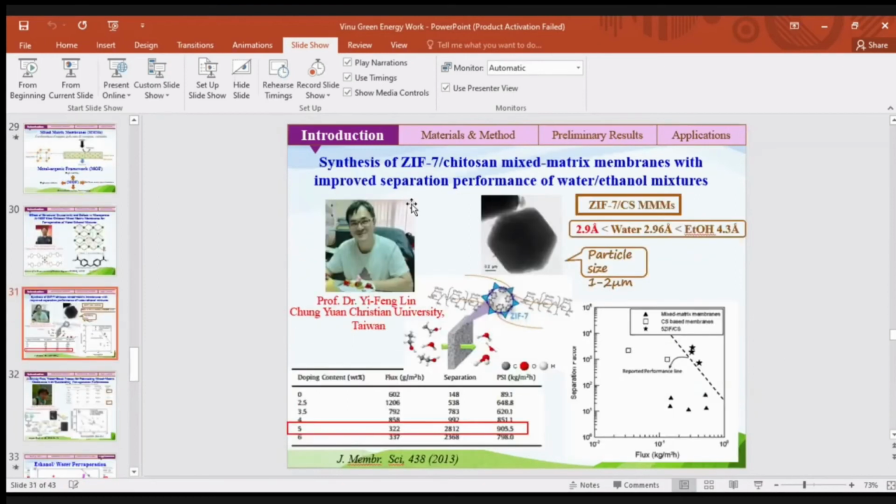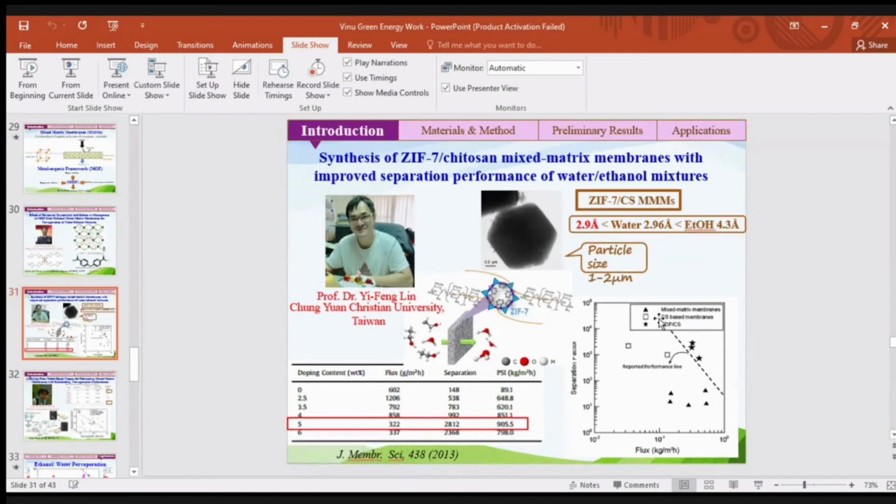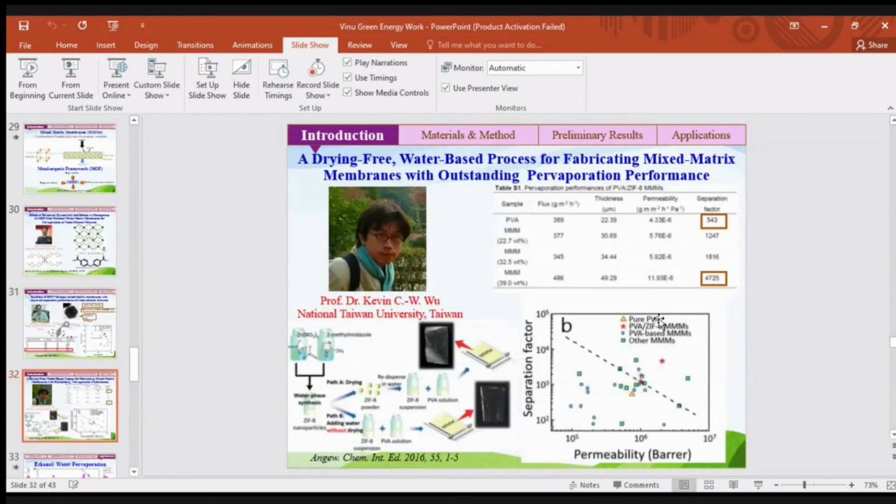This professor is using the ZIF material. He got good results, but when comparing with his results, ours are the highest in nature. These are some professors using water ethanol separation, and they got really good results.